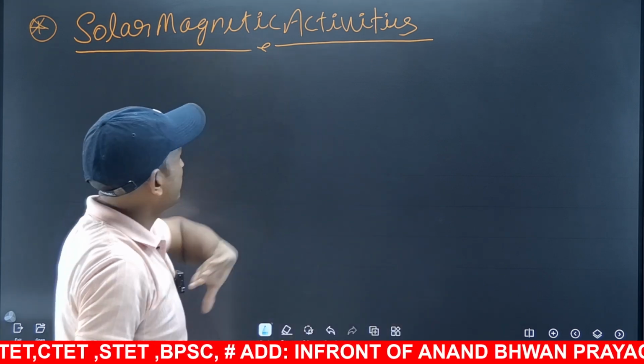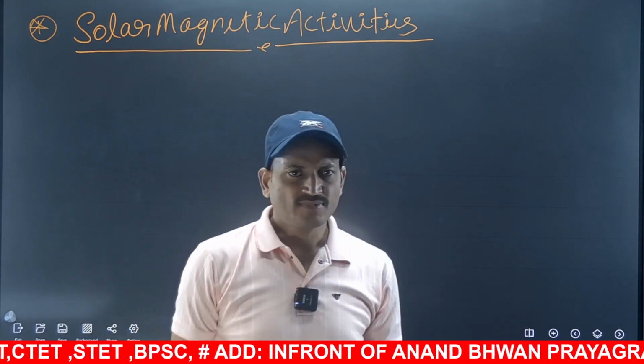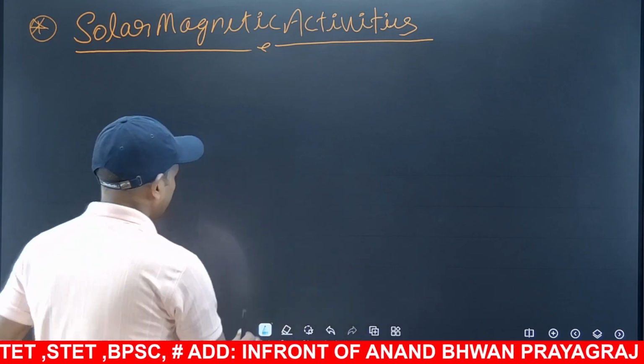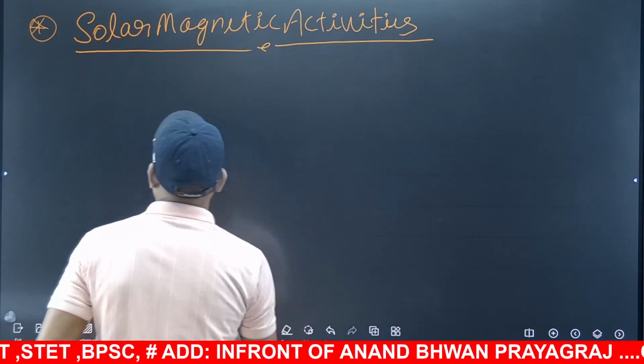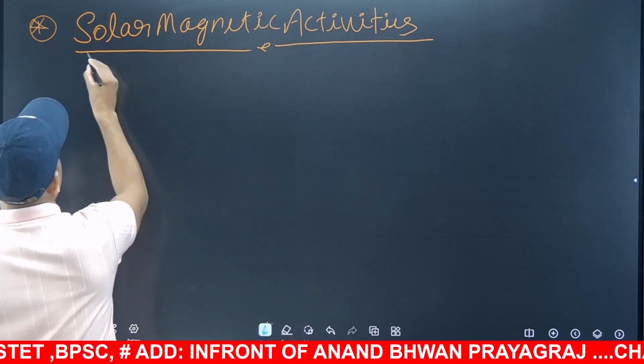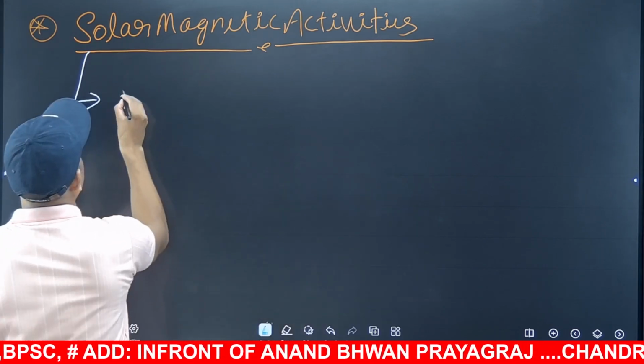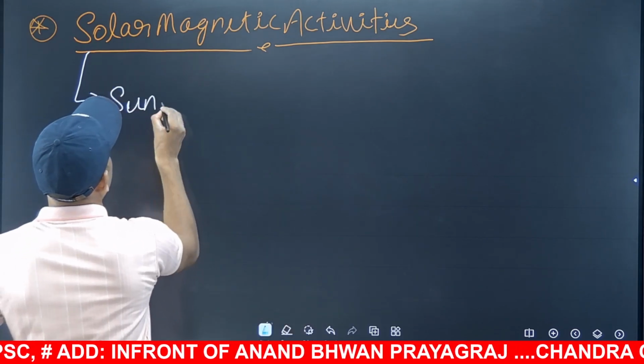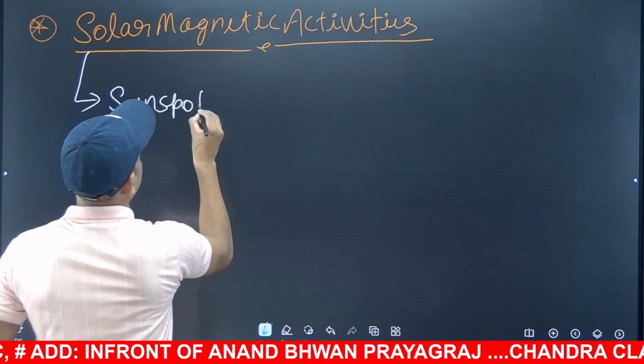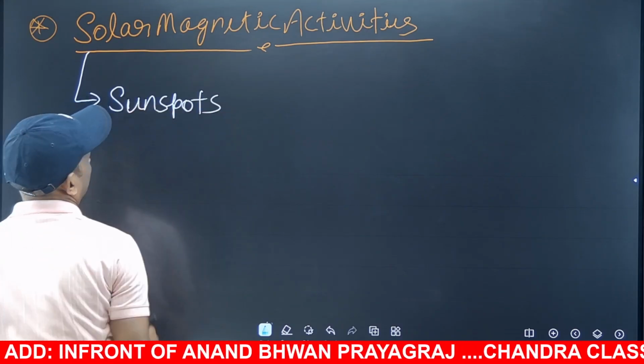So in solar magnetic activities, there are various activities. The most important activity associated is sunspots. What are those?